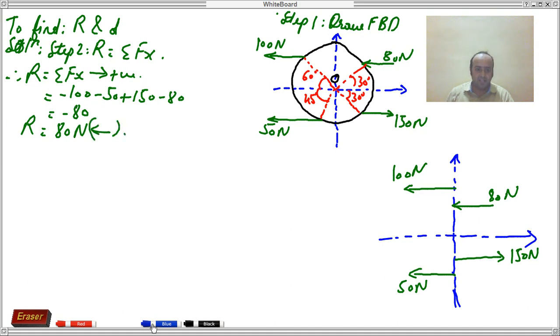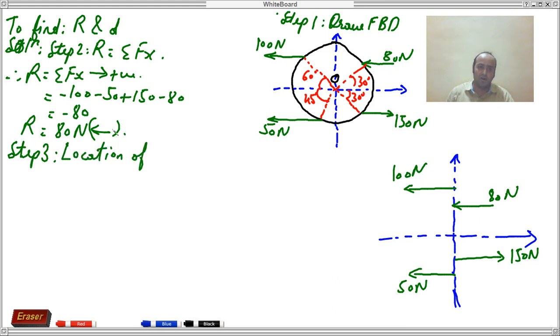Now let us go for the next part, location of resultant. We got the value of R. Now step 3 is location of resultant.